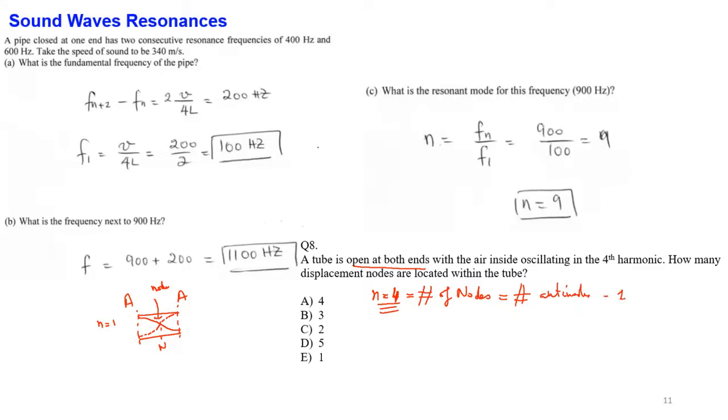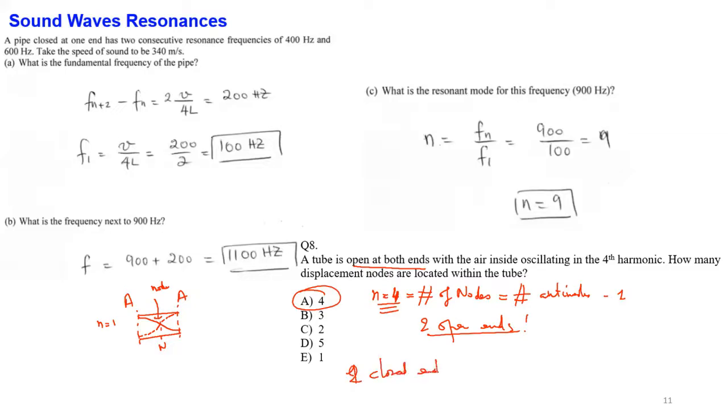And here I have 2 open ends. So here the number of displacement nodes is equal to 4, and the number of antinodes is equal to 5, etc., etc.